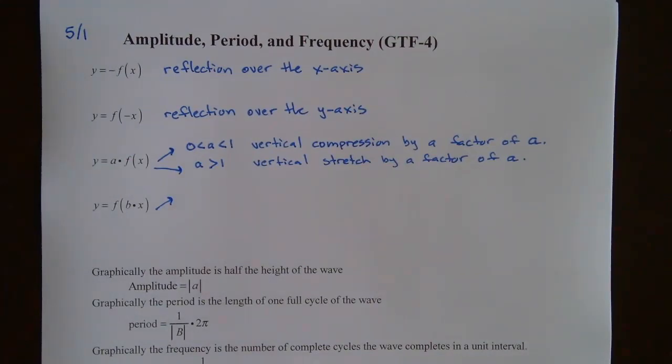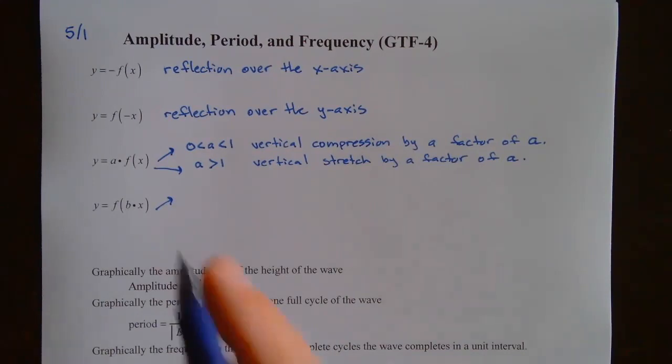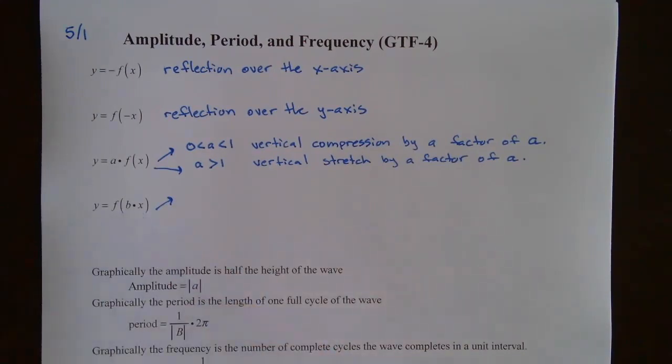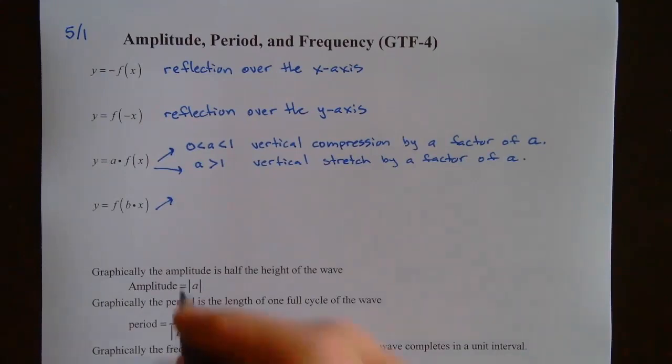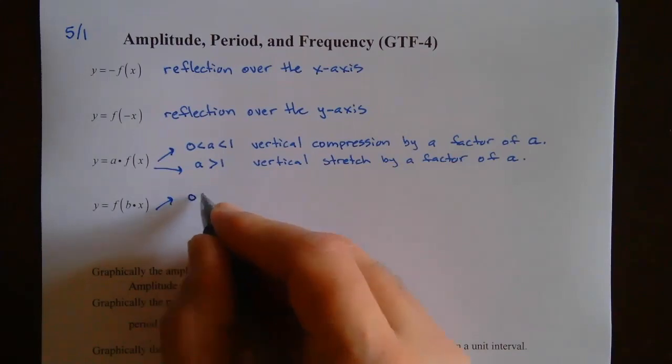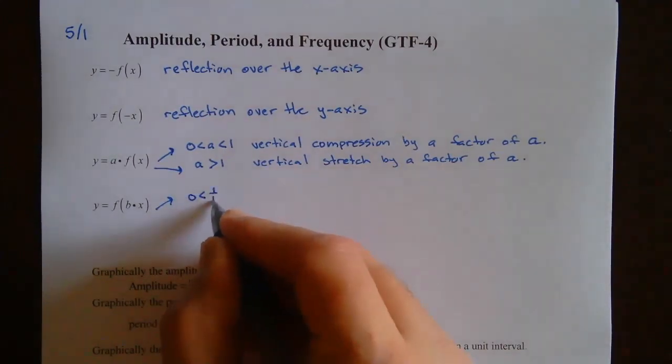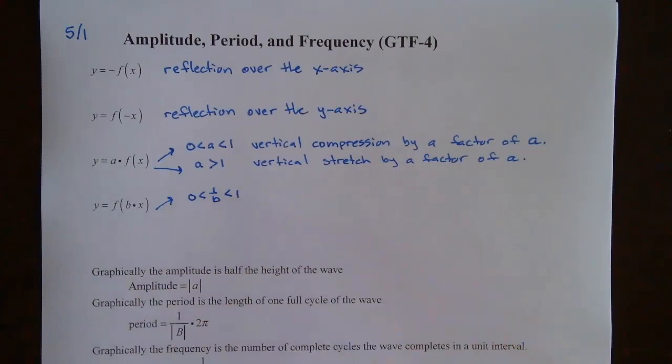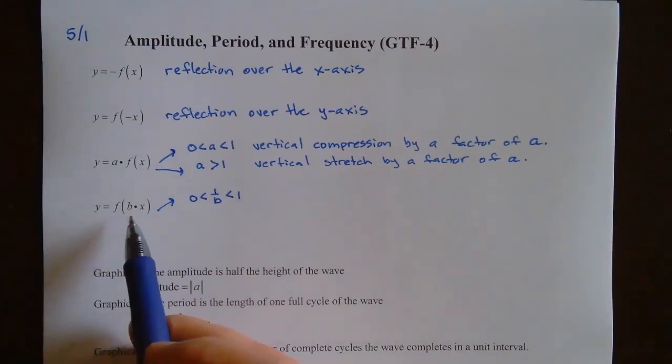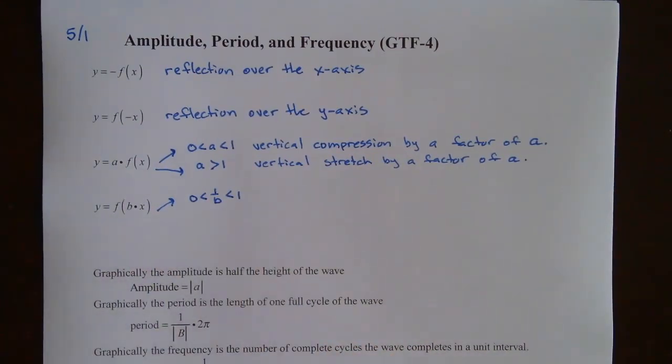If that reciprocal is between 0 and 1, since we're multiplying the x's by a number between 0 and 1, that's going to cause a horizontal shrink, or a horizontal compression. So if 0 is less than 1 over b less than 1, so if the reciprocal of this b is between 0 and 1, then that's going to cause a horizontal compression by a factor of 1 over b.